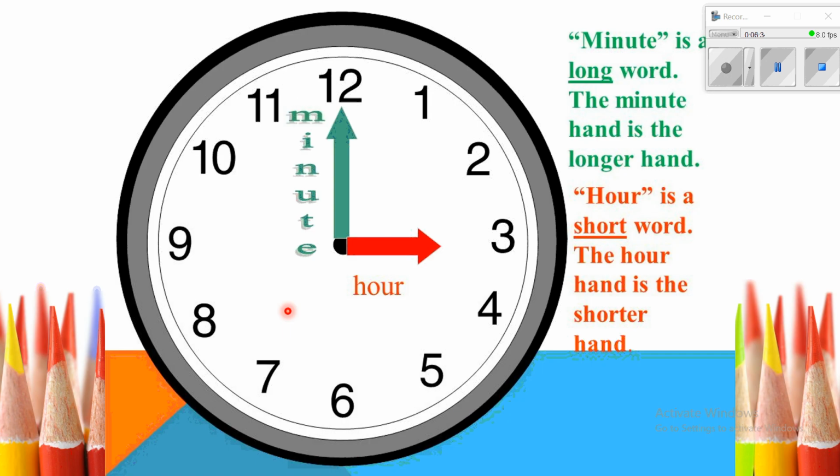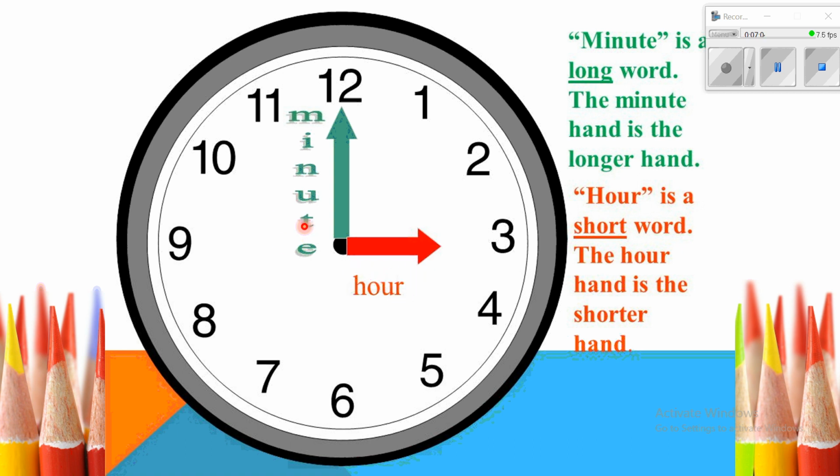Here is the clock. Remember I told you about the minute and hour hands. Teacher, how do I differentiate between the minute and hour hand? Can you see the word minute? The word minute is long, so the minute hand should be long. And the word hour is short, so the hour hand will be short.